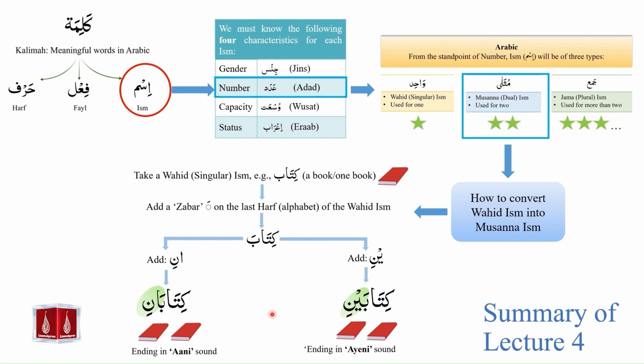Both kitabani and kitabaini refer to two books. And we emphasize that it is important to know the ending sounds of these words. Ani, aini. Both of these will refer to something which is two or dual.